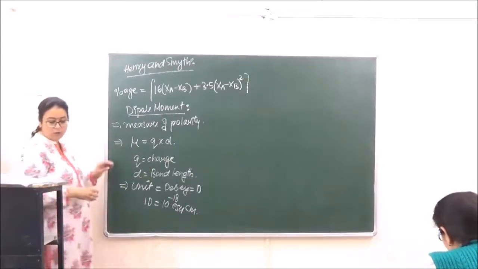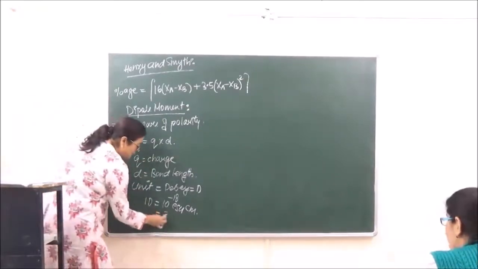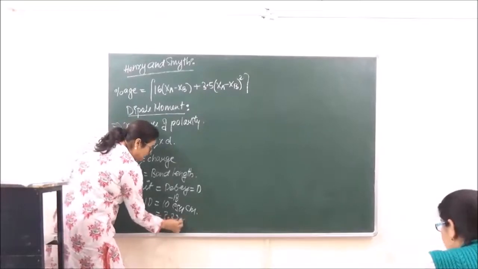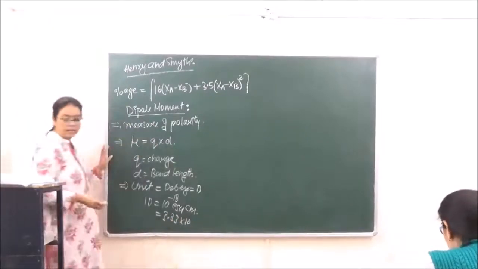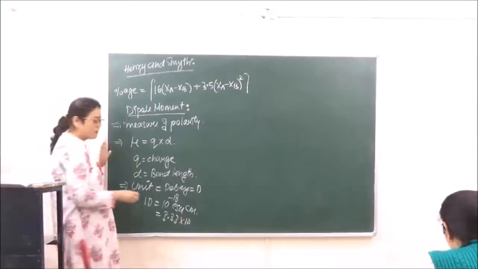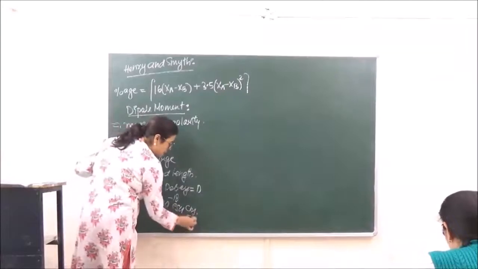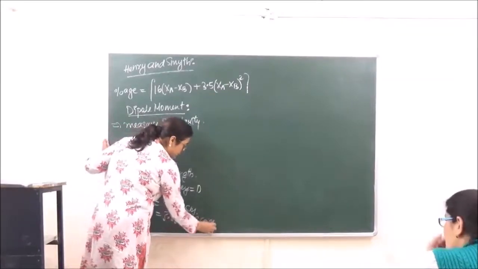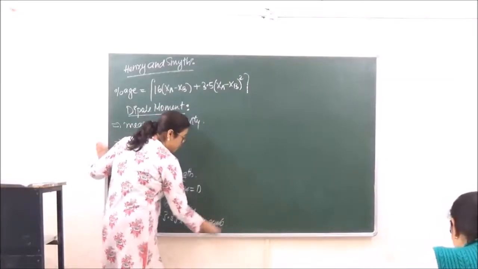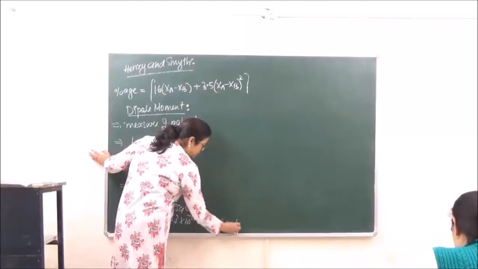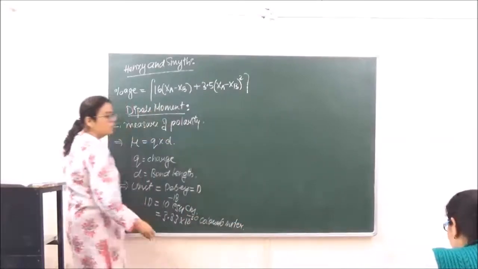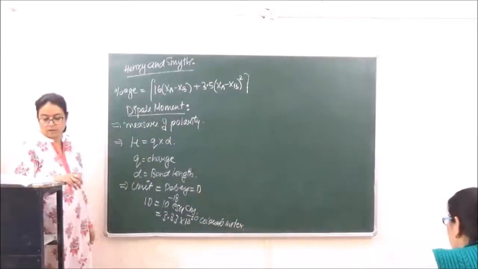Okay? In case of coulomb meter, this is given as 3.33 into 10 raised to power minus 30 coulomb meter. Okay?